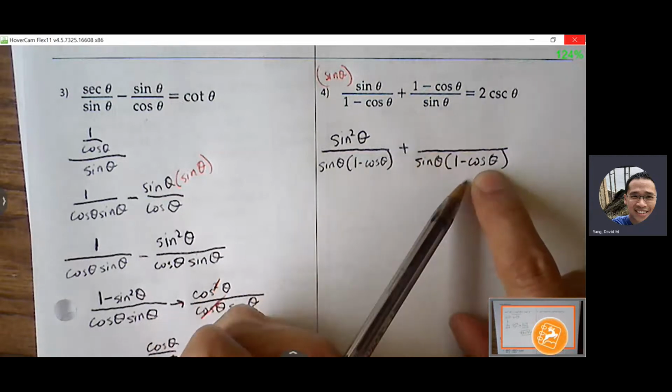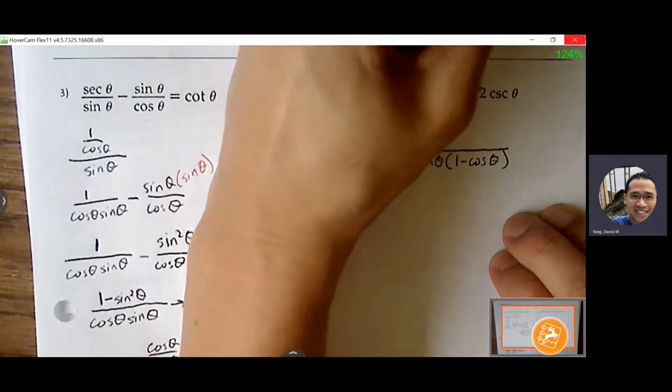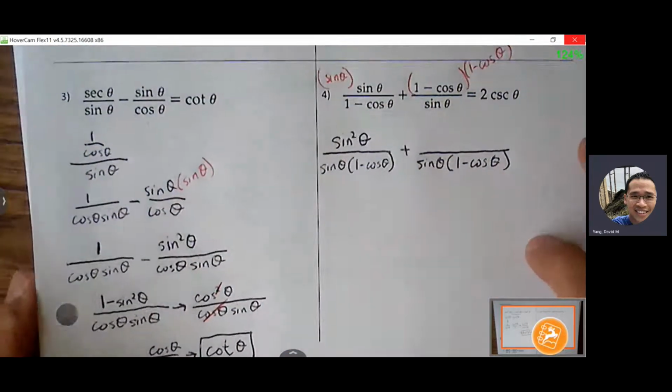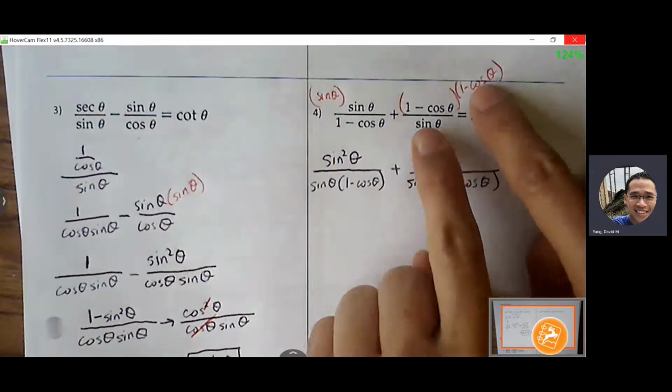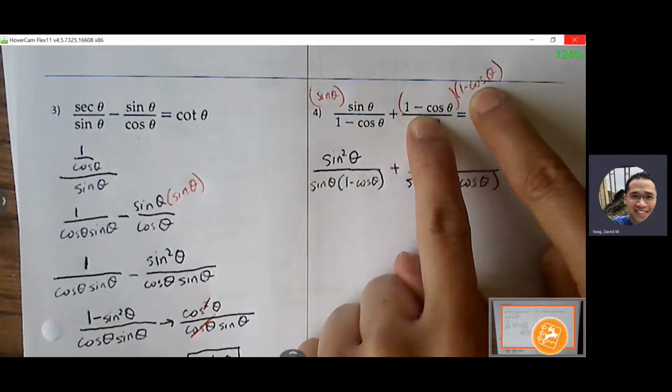This is missing a 1 minus cosine, so I need to balance this numerator with a 1 minus cosine theta. So we've got to be careful here. When you do 1 minus cosine times 1 minus cosine, we've got to FOIL this out. There are going to be 4 terms that come out of this.